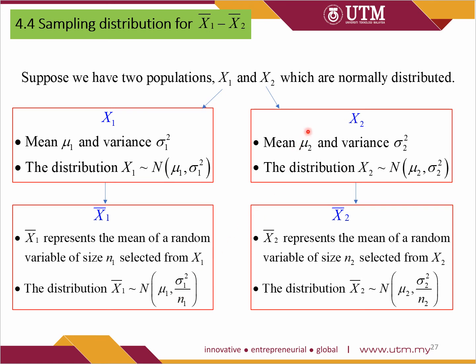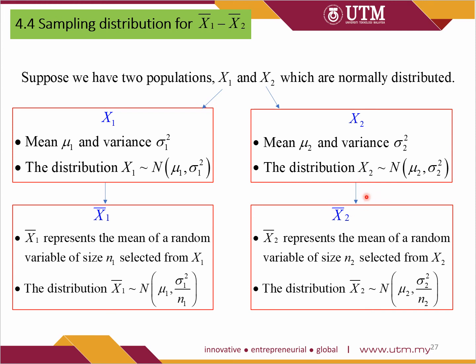And this is the population x2. So the mean is mu2 and the variance is sigma2 squared, and the distribution follows normal, given the mean is mu2 and the variance is the variance from the population x2.